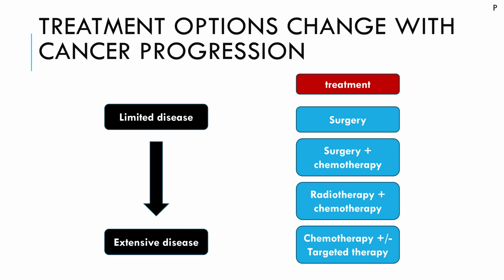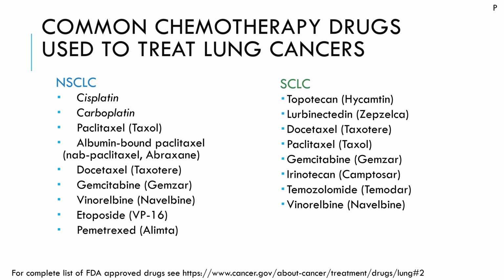On the other hand, if they have extensive disease, including metastases, the treatment options shrink considerably, so that chemotherapy and targeted radiotherapy are some of the only options actually available. This again points to a real need to address early detection. On the next slide.